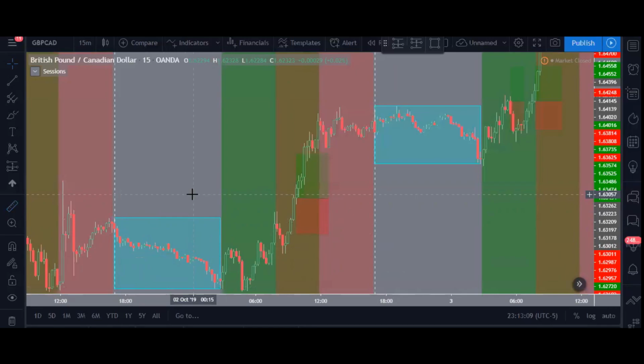My risk reward ratio for GBP CAD is 1 to 1.25. I don't do a 1-to-1 trade setup because then it's kind of 50-50. You want your reward to be higher than your risk. So over the long, in the macro perspective of things, your wins are going to outweigh your losses.